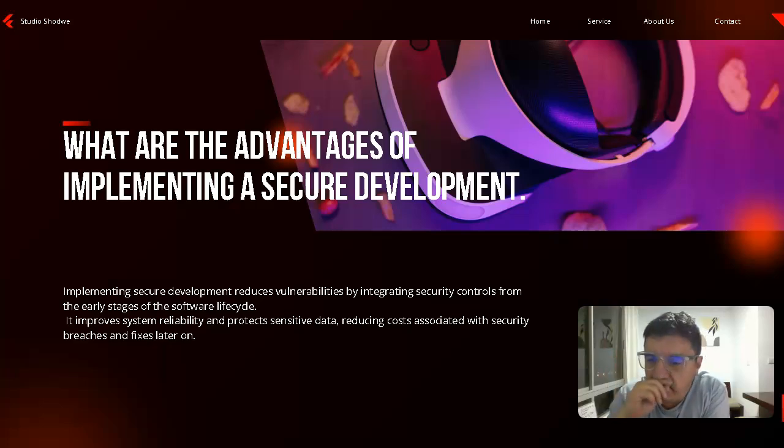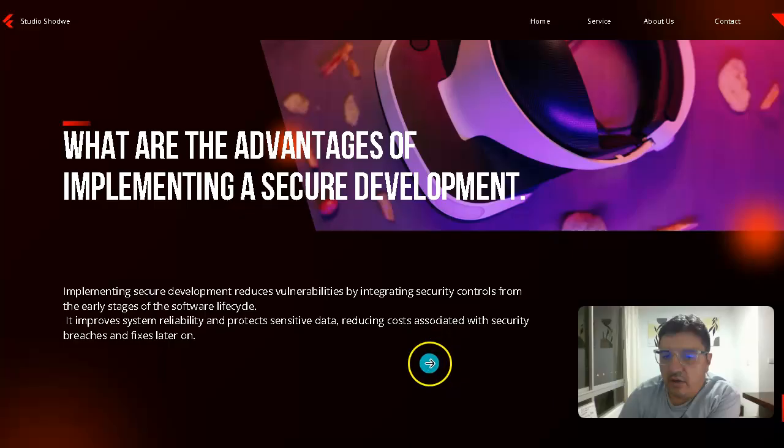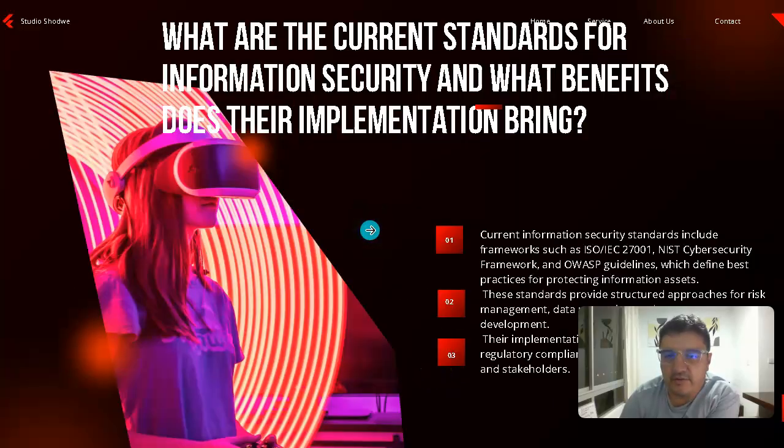The life cycle depends on the size of the organization, and the cycles could be very large. It also improves system reliability and protects sensitive data, reducing costs associated with security breaches and later fixes. It helps reduce attacks from hackers, against many organizations that defend security, or even against all processes in each organization.